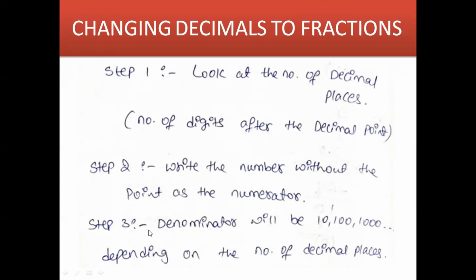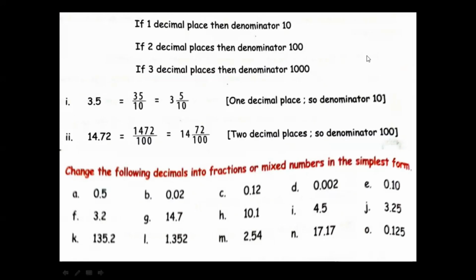Denominator will be 10, 100, 1000, depending on the number of decimal places. If one decimal place, then denominator 10. For example, 3.5. We are having one decimal place, so in the denominator we'll get 10.